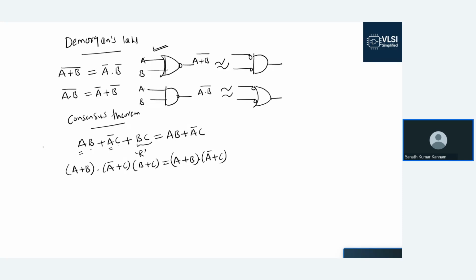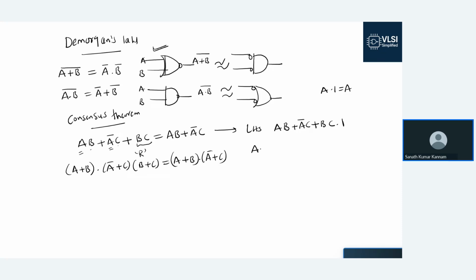Suppose if I want to prove this one, how can I prove it? Take LHS. So what is LHS? AB or A bar C or BC. Here I can write 1. From the AND law, you know that A and 1 equals A, no? So I added 1.